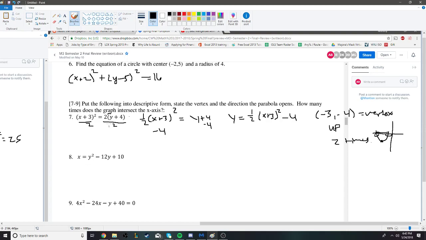For this one over here, to get it into descriptive form, I have to make sure I complete the square. So I'm going to start off by subtracting 10 on both sides. So this is going to be x minus 10 equals y squared minus 12y. Cut the -12 in half. That's -6. Square it, and we get 36. So I need to add 36 to both sides.